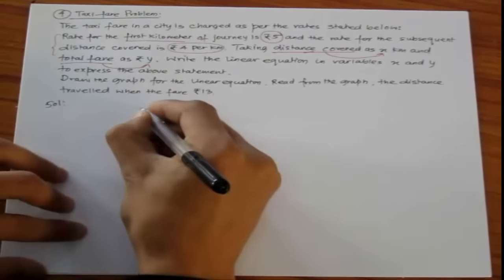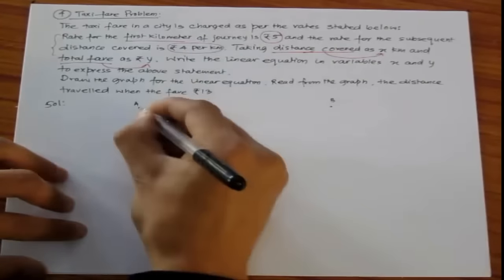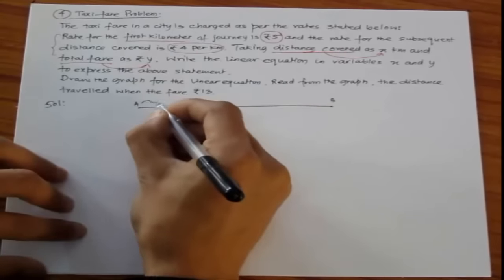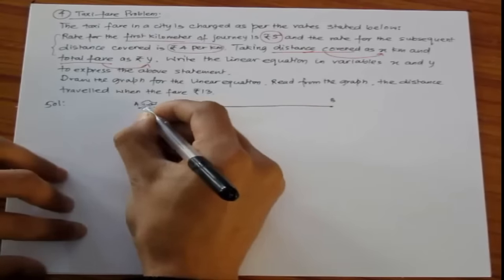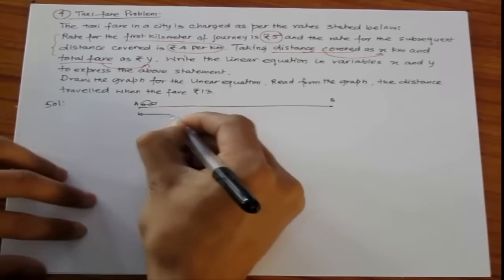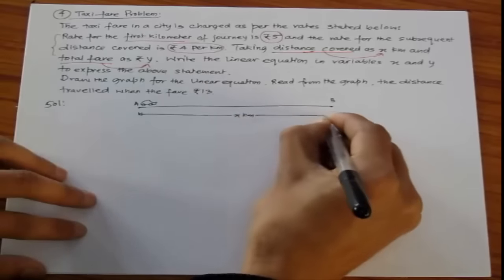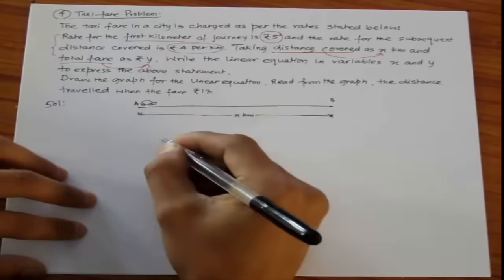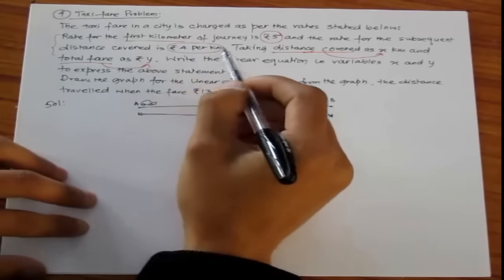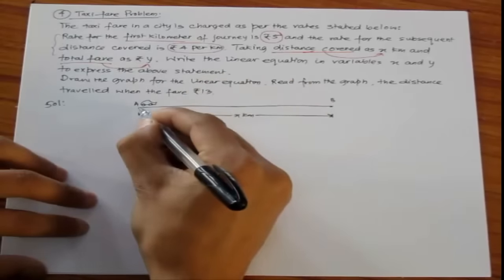Okay, so for example, this is the point of origin and this is our destination, and we're going to cover it by a taxi. Now the total distance is x kilometer, right? Now the taxi fare is charged for the first kilometer, right?